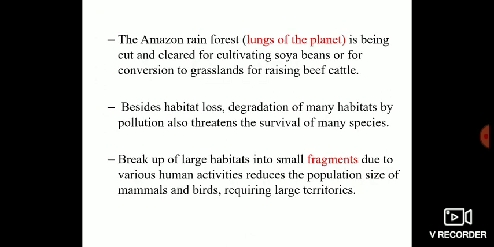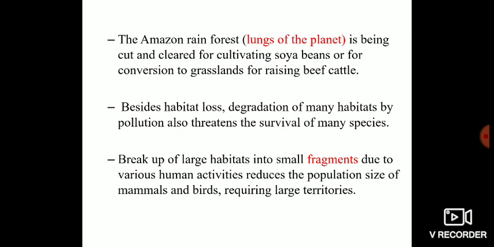The Amazon rainforests, which are known as the lungs of the planet Earth because they are huge in size and contain millions of species, are being cut for cultivating soybeans and conversion to grasslands for raising cattle.